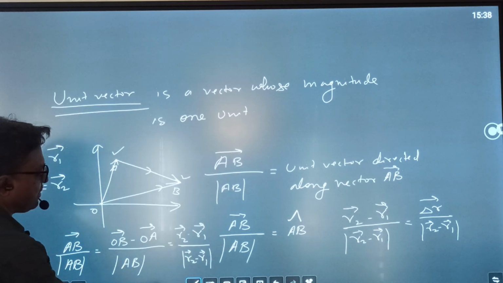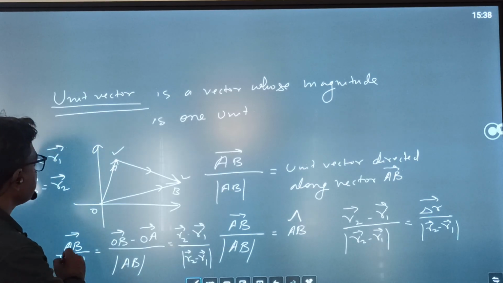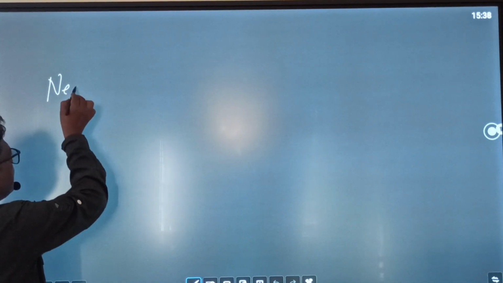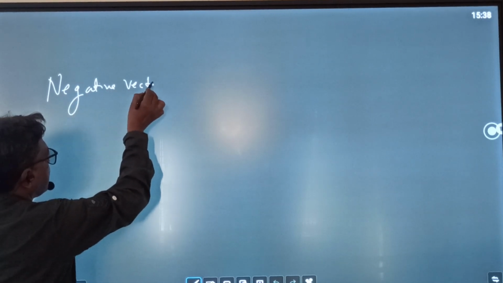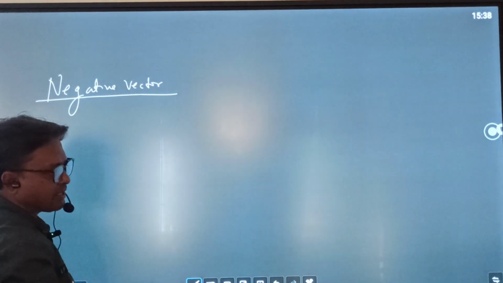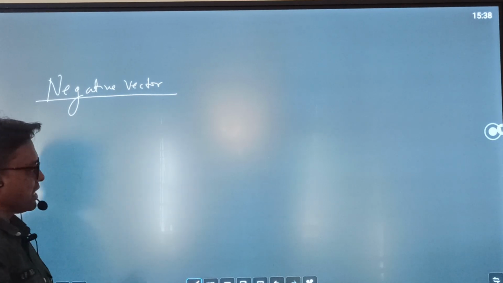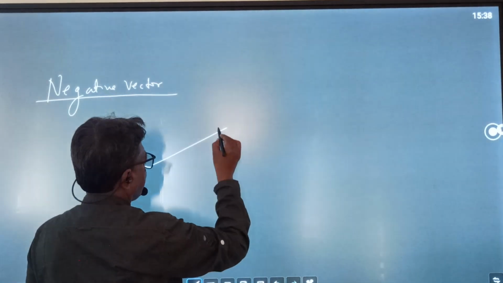Then negative vector. Negative vector simply means if we multiply a vector with a negative sign, its direction changes. Suppose this is a vector AB.